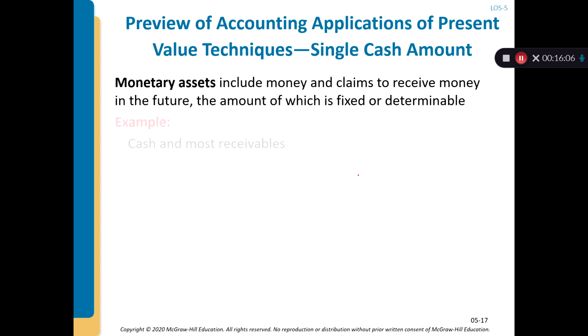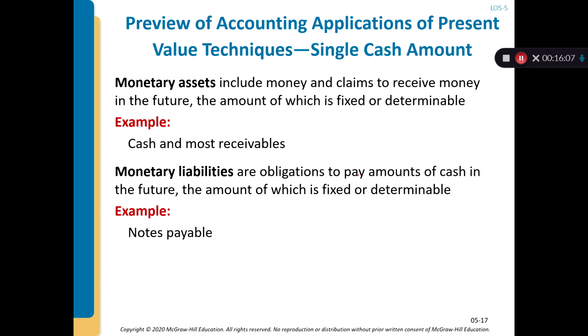Okay, so the most important thing about the application of present value techniques is that we are looking into monetary assets and monetary liabilities. This is because monetary assets include money and claims to receive money in the future. So the amount that you record right now should equal the present value of the future cash flow, such as your receivable.